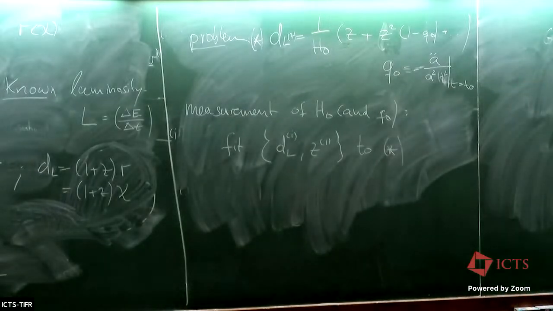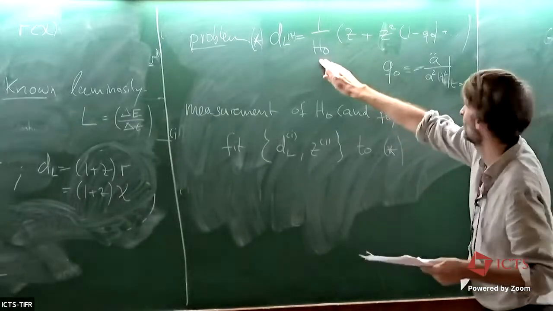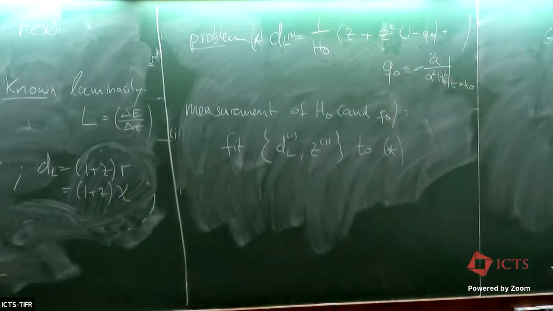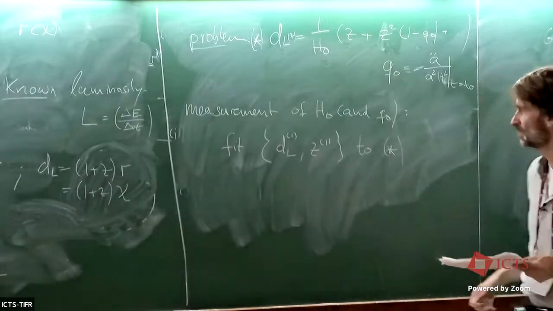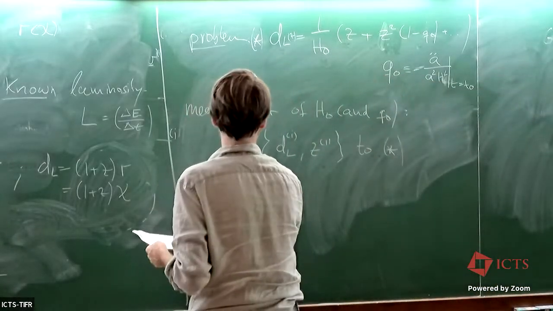Once you do that, you find your best fit choice for the parameters H0 and q0. For these input values, what you get is H0.